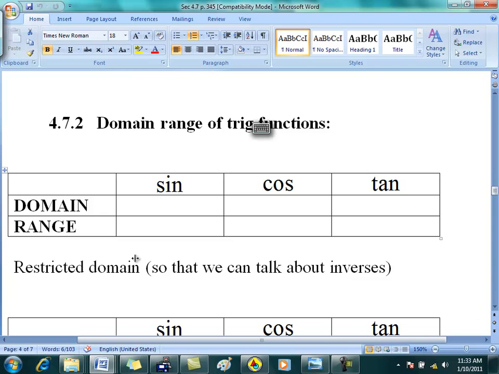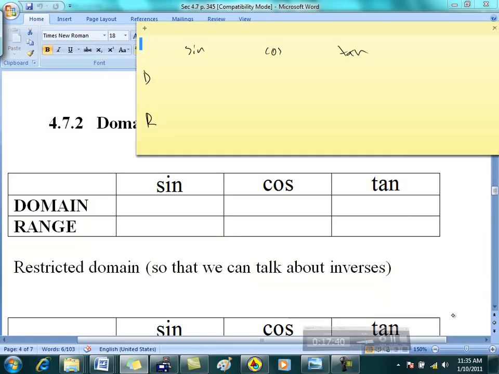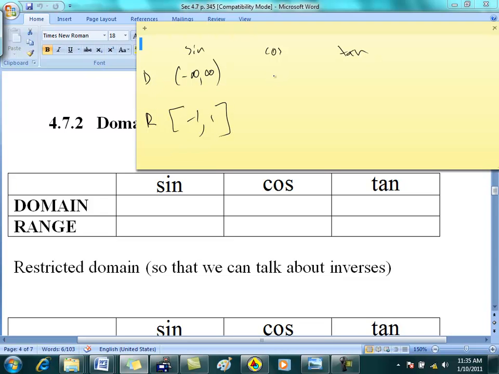So I'm looking at this table here where we've seen the domain of sine and cosine. Sine domain: minus infinity to infinity, parenthesis. Range: bracket. Emily, cosine domain. Nice, good job.